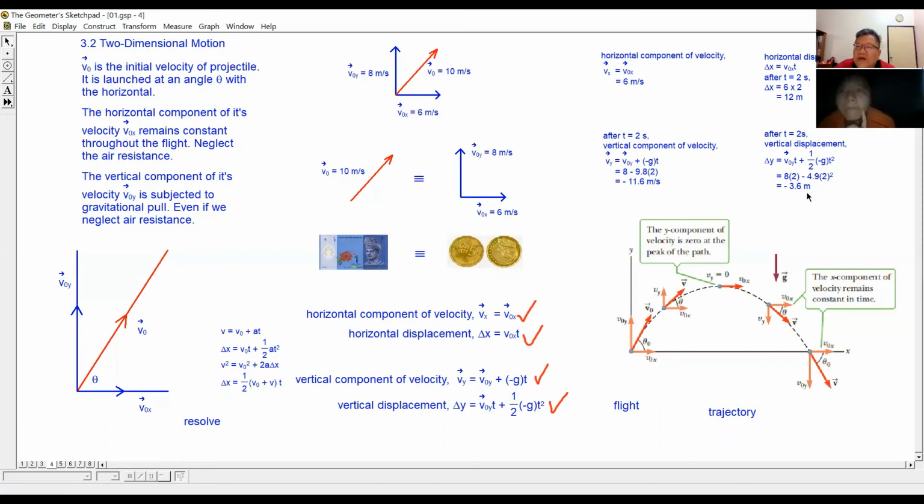Now, negative 3.6 means the vertical distance is below the horizontal level. This is the horizontal level, and this negative 3.6 means the object has gone below. The horizontal distance is 12 meters, that means from here until here, 12 meters. Then you go down some more, 3.6 meter.